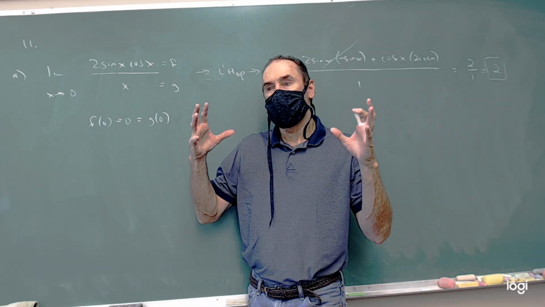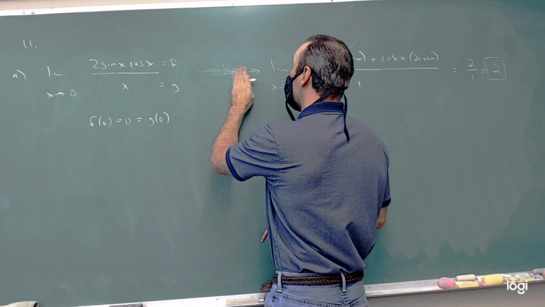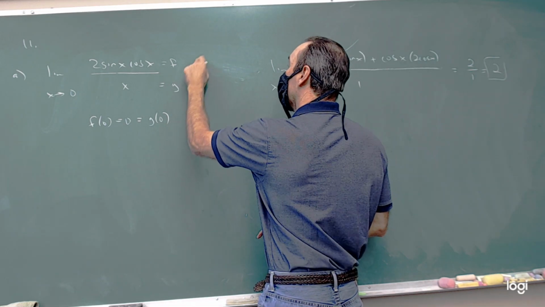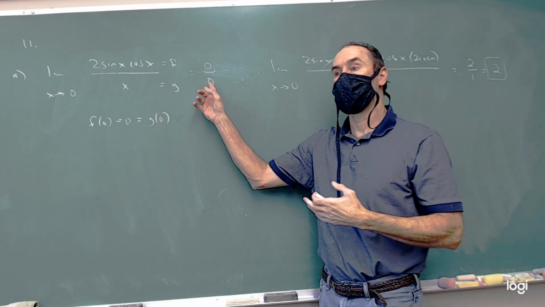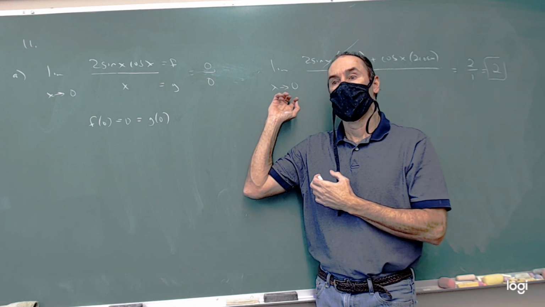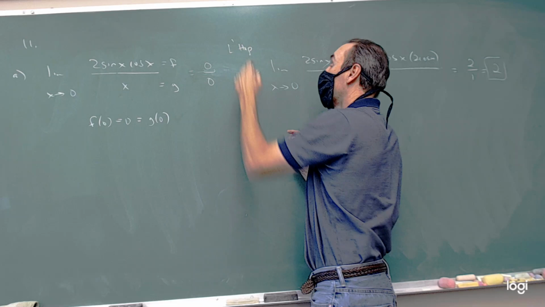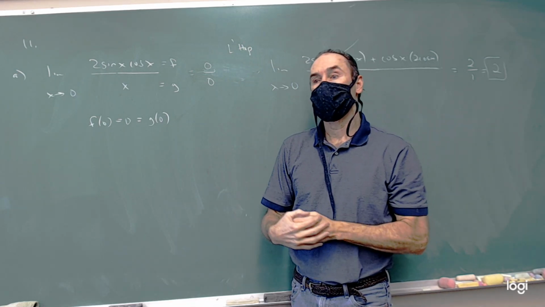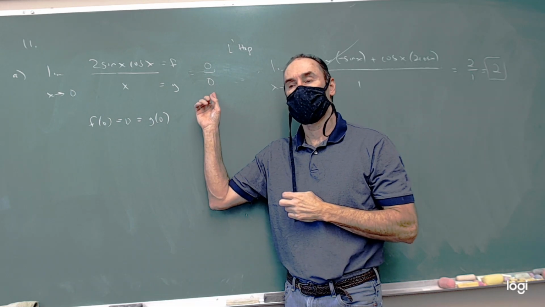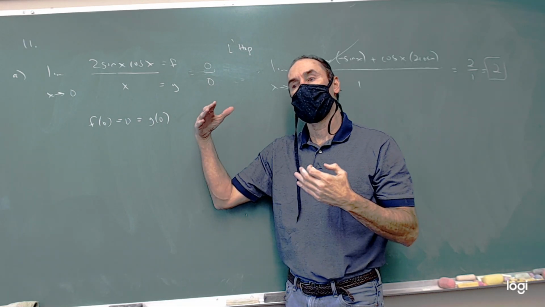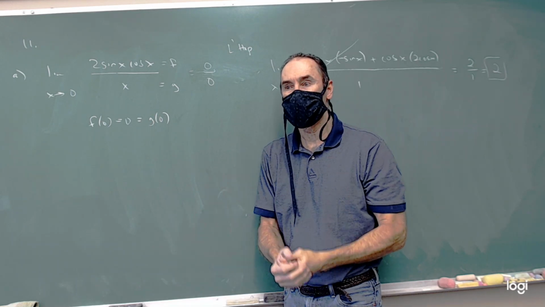About 5 years ago, I graded a L'Hopital's rule question, and because I've been teaching my kids, this is what we do, show 0 over 0, then go to L'Hopital's rule, they still insisted that you say it was L'Hopital's rule. On the problem that I graded, they said, we'll accept this, but we're not very happy about it because we don't think they are clearly demonstrating they understand what the conditions are for L'Hopital's rule.